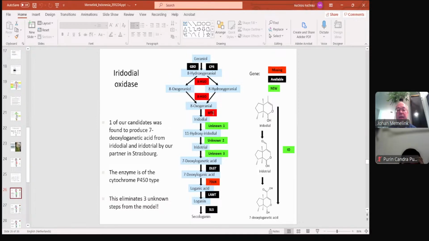And so that's the green steps. We hypothesized that there were 3 enzymes involved, but actually it's only a single enzyme. So a single enzyme can do this quite complicated chemical conversion. That saves a lot of enzyme characterization, because with this one enzyme we have this whole part of the pathway solved.